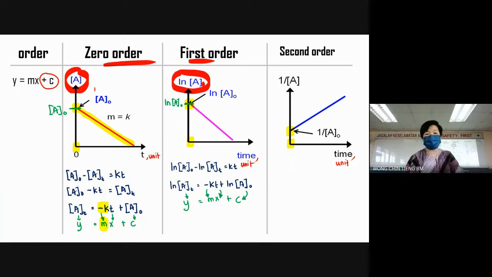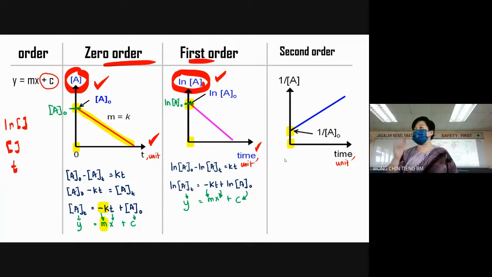If you are using concentration versus time only, dan kamu dapat negative slope like that, sayang dia zero order. Tapi kalau soalan bagi concentration, soalan bagi time, and kamu dah carikan ln concentration, so you plot the ln concentration versus time, then it will become your first order. Make sense? Boleh? Nampak? Okay.